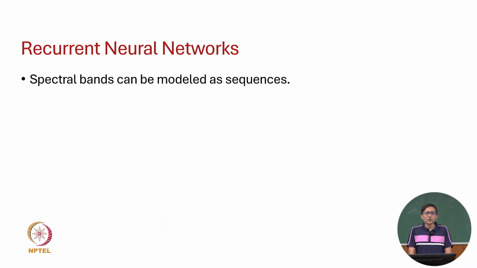However, at this point of time, what we would like to discuss is that using them as sequences enables us to use recurrent neural networks for hyperspectral image analysis. We'll not go into the details of the recurrent neural network at this moment or any particular example of an architecture. However, this is just to be noted at this point of time.